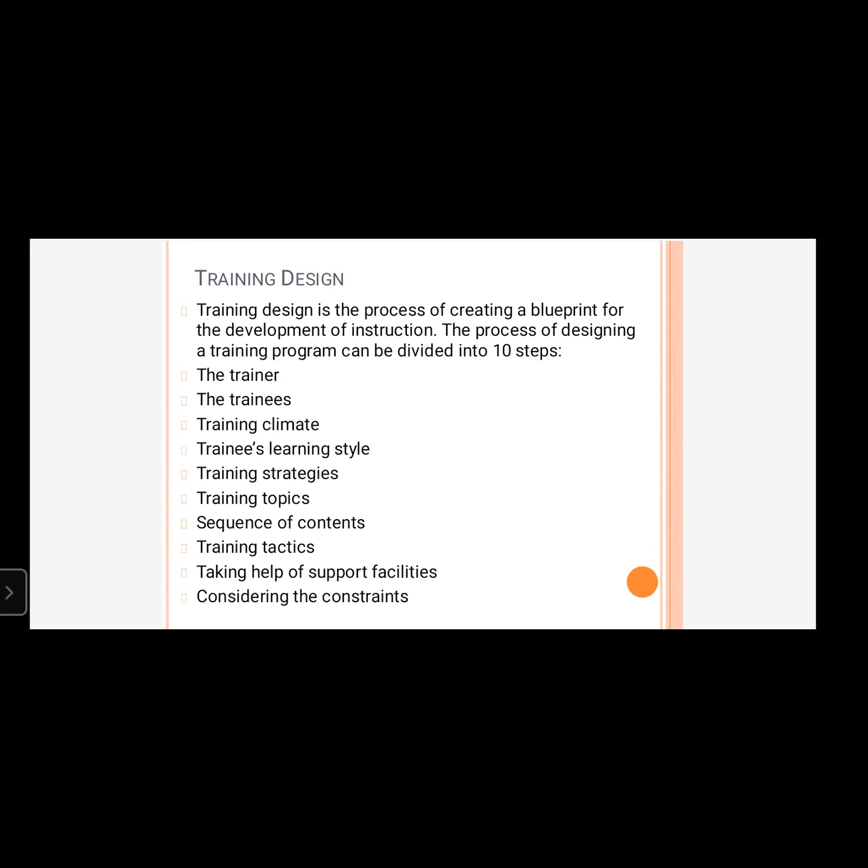So first, the trainer is to be selected, and the trainer should be the best. If the selected trainer is the best, then only the organization can expect good results. If the organization is compromising on selection of trainer, that means they are compromising with the entire training program.